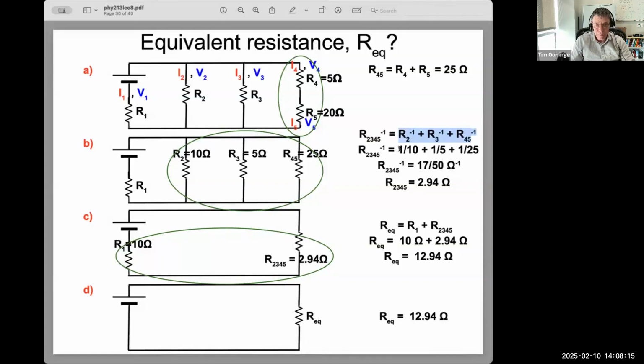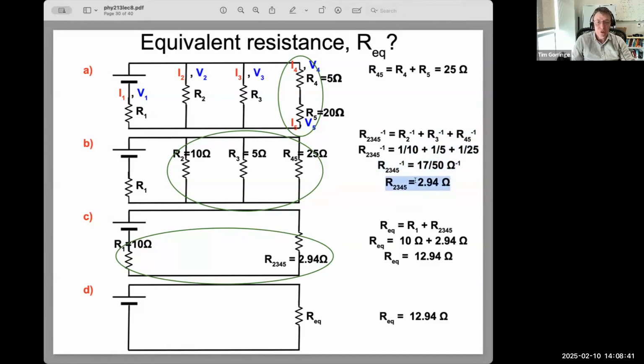So it's the sum of 1/10 inverse ohms, 1/5 inverse ohms, 1/25 inverse ohms. I won't go through the details of the common denominator here, but it's 17/50 inverse ohms, the sum of these 3 fractions.